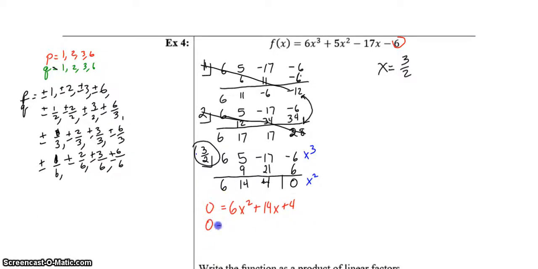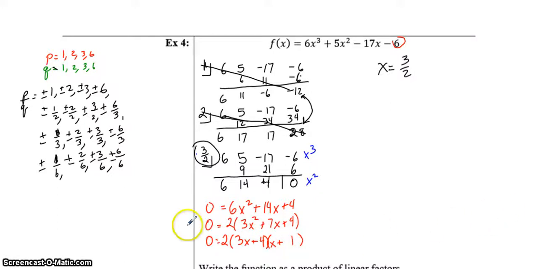Factor. Yeah, you can take the 2 out first if you want. So, plus at the end, 2 of those. Factors of 4. I don't know, how about we go 4 and 1.